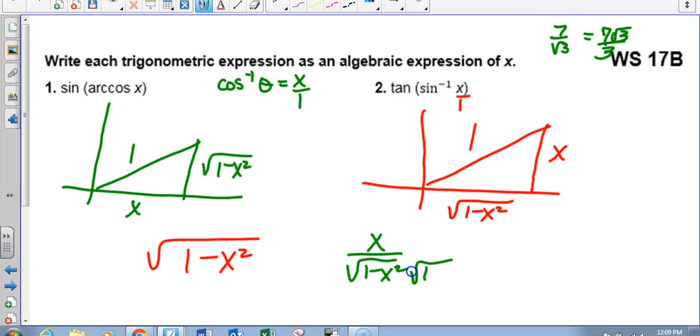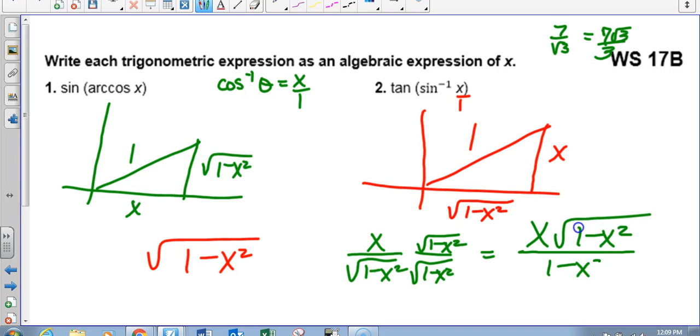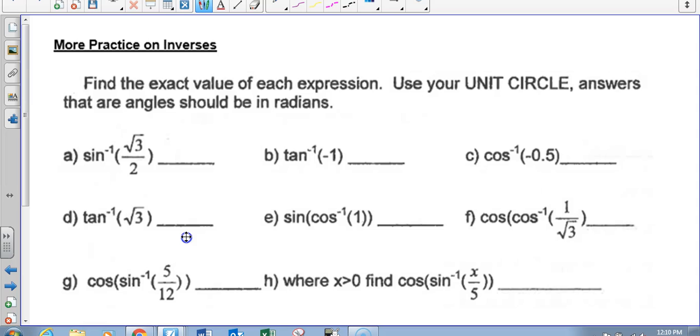So when we do this mess, what are we going to end up with on the top? Good job, Getty. Now wait till you have to find the derivative of that. Calculus fun. Okay. A lot of algebraic messy work.